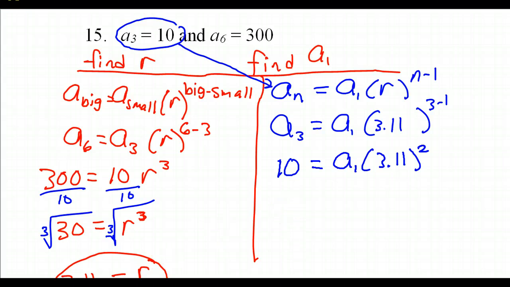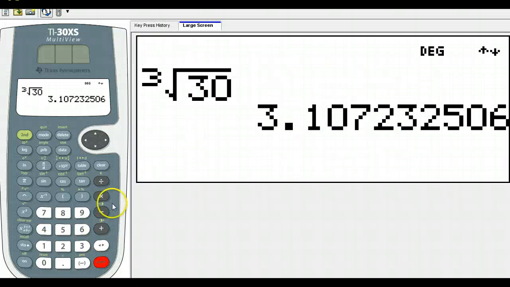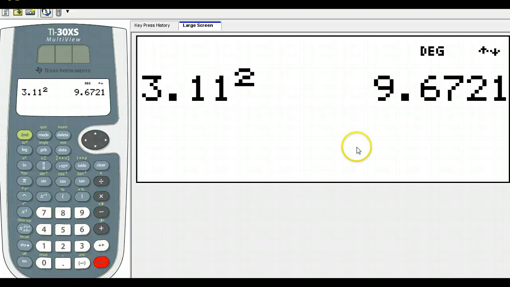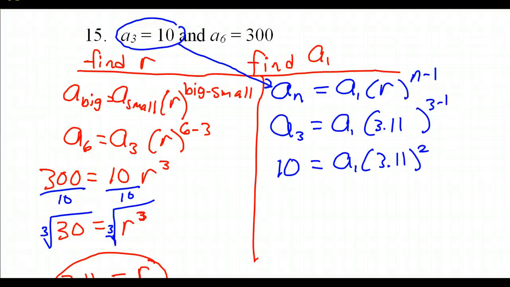Let's go ahead and square that guy. 3.11 squared gives me 9.672, but I'll also say 9.67. Actually, no, I won't, because I'm going to have to divide later, so I'm going to keep it all for right now.